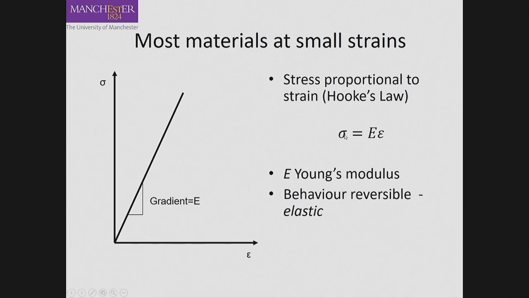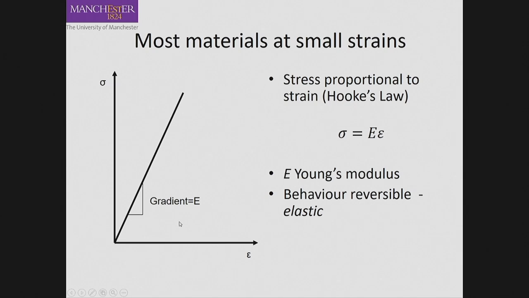And sigma, the Greek letter sigma, stands for stress. So the stress is equal to Young's modulus times strain: sigma equals E times epsilon. We will be using that again and again, and that linear behavior is what we will be using for most of the course.